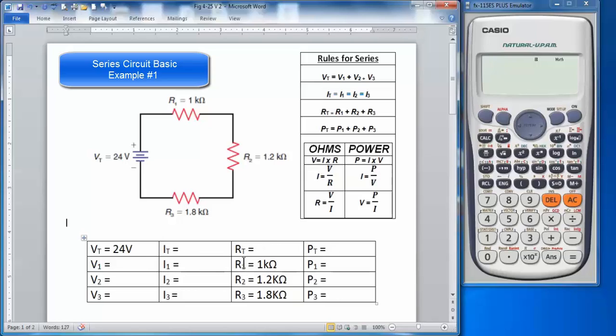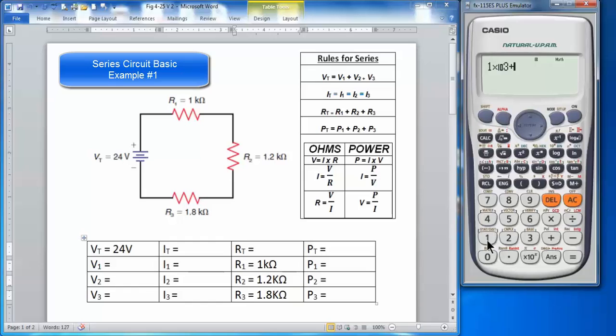The first thing that I actually can calculate is my RT, because we see here that RT is equal to R1 plus R2 plus R3. So I can go ahead and calculate my RT. 1 times 10 to the third plus 1.2 times 10 to the third plus 1.8 times 10 to the third gives me 4 k ohms for my total resistance.